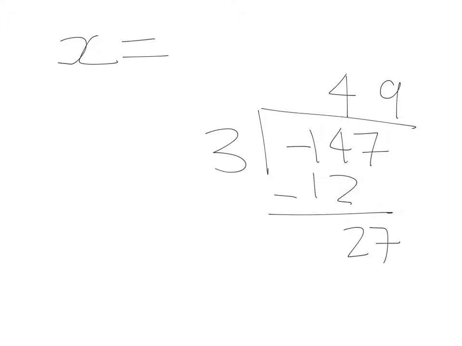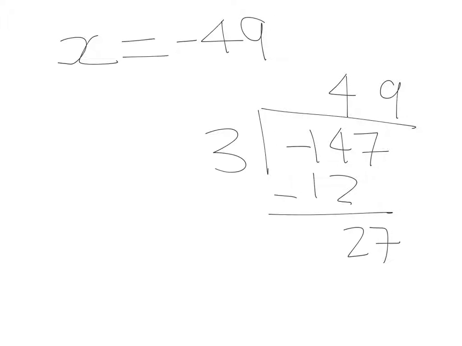Because it's three consecutive odd integers and the sum is negative 141, all three odd integers have to be negative. So x equals negative 49.